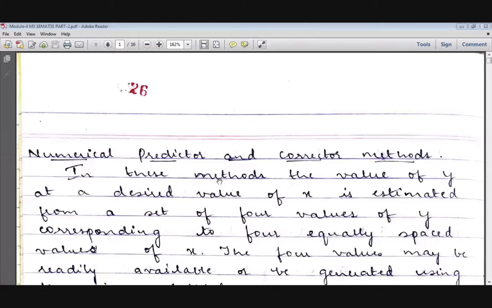We'll start predictor and corrector methods.